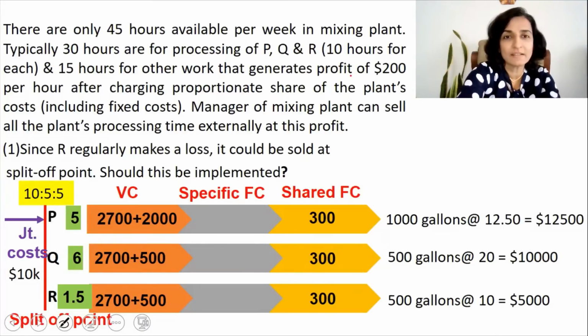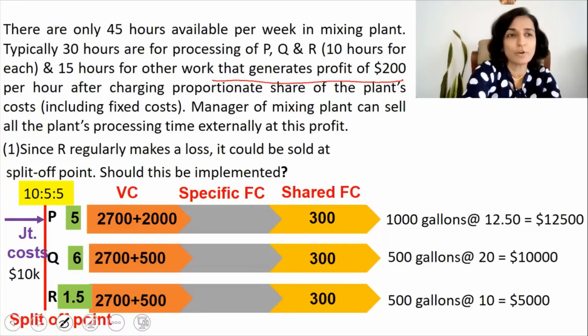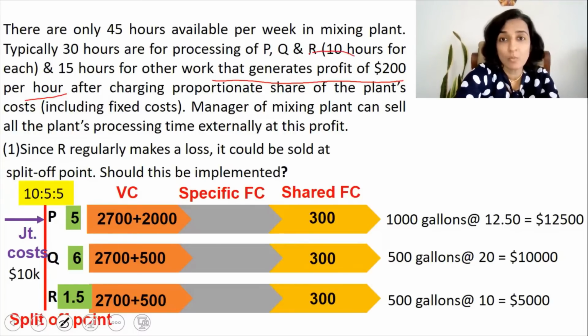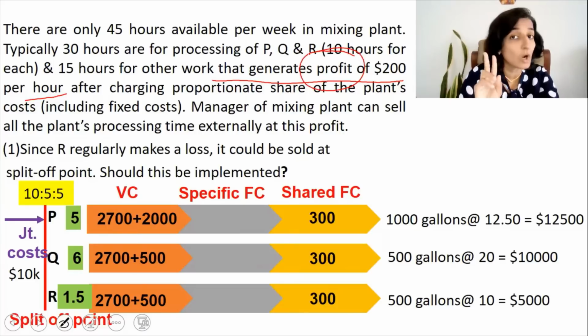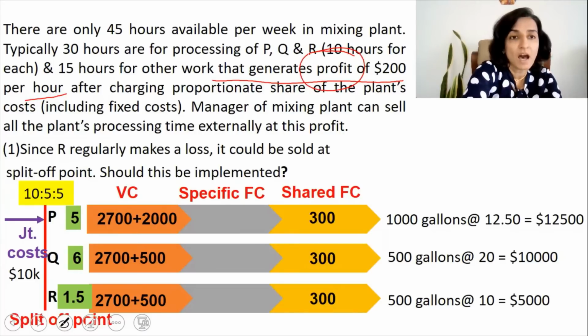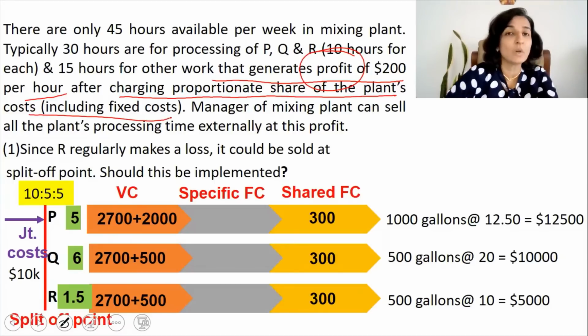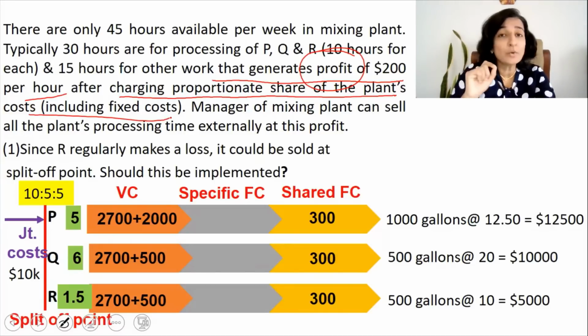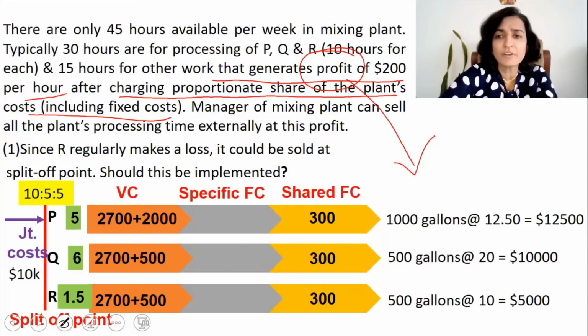And please note that the other work generates a profit of $200 per hour. What they have mentioned is profit, not contribution, after charging proportionate share of the plant's cost, including fixed cost. Now, we know that for any kind of decision making, we do not need to consider the fixed cost. Why? Because whether we decide on a thing or not decide on a thing, fixed cost will remain same. That is, it is not incremental. What is profit?